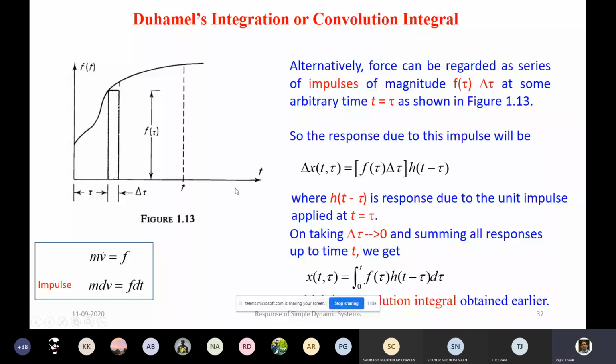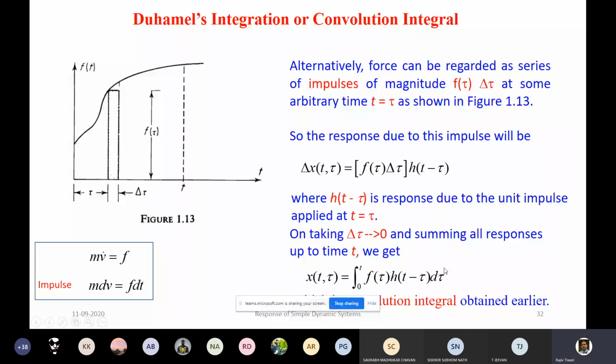So this is the response because of this single impulse. Now, if we integrate all such impulses here, you can see that this will be the total response. And this is the convolution integral which we derived in the previous slide, exactly the same, and it is much easier. Directly we can get the expression.